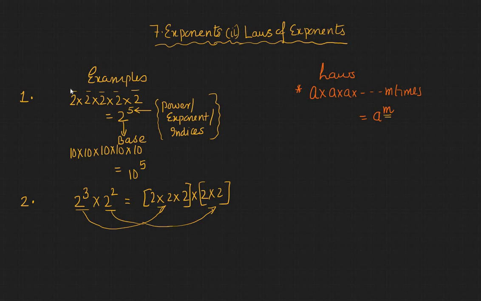How many 2's are there now? You can count: 1, 2, 3, 4, 5. So I can as well write it as 2 power 5. So we can generalize this as follows. a power m into a power n is equal to a power m plus n. Here it's 3 plus 2, that's 5. So that's your second law.